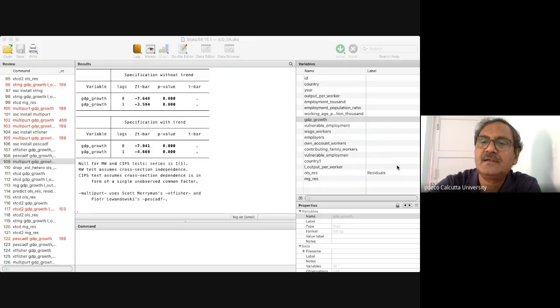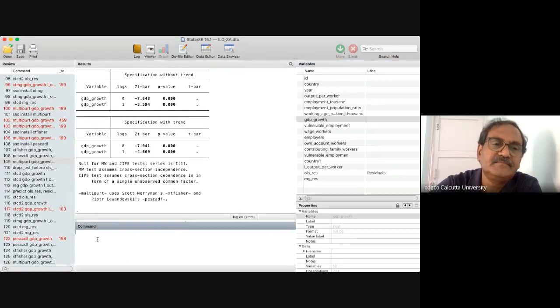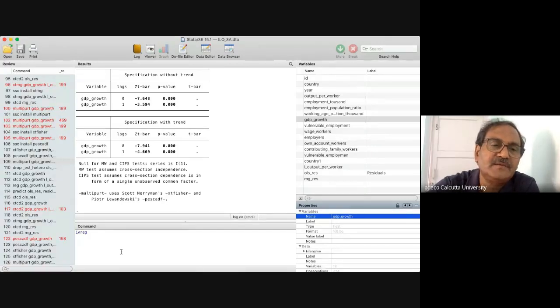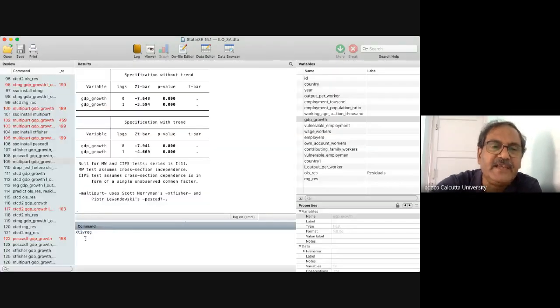Now in Stata, when you want to estimate a model by using instrumental variables, the command is ivreg. ivreg is the command for regression with instrumental variables. When it is used in panel, you can write xtivreg.